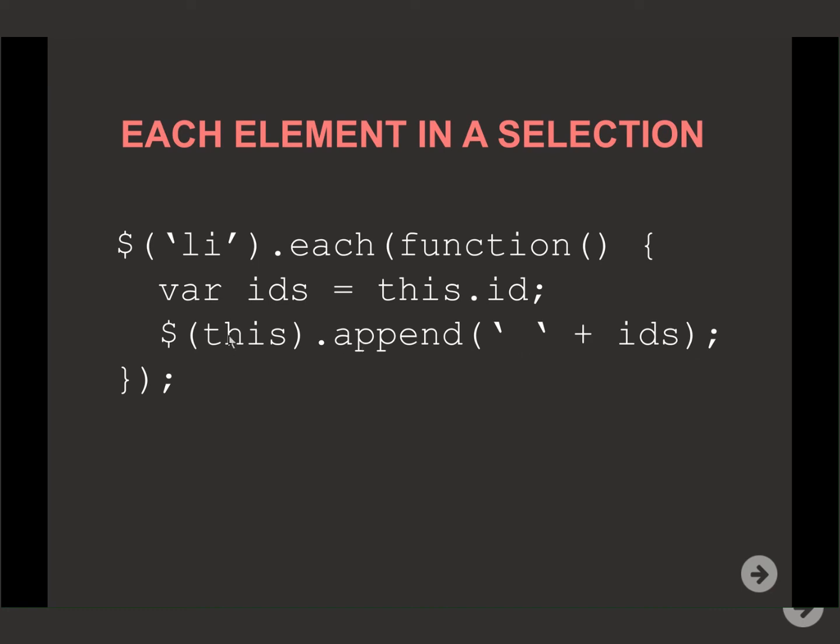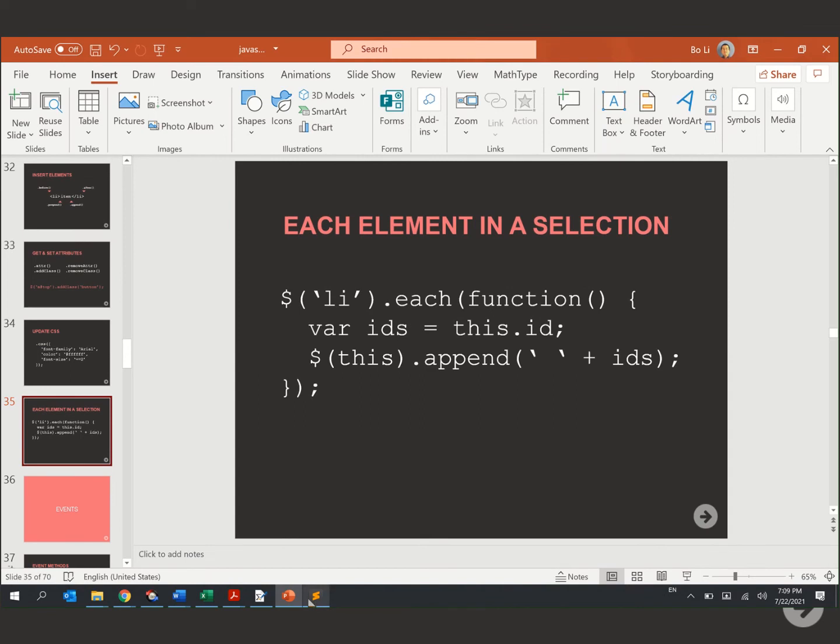So append, that means right before the closing tag, you add the ID, correct? But use a space to separate them. So let's look at the example. Okay, let's look at the example. That will be easy to understand.